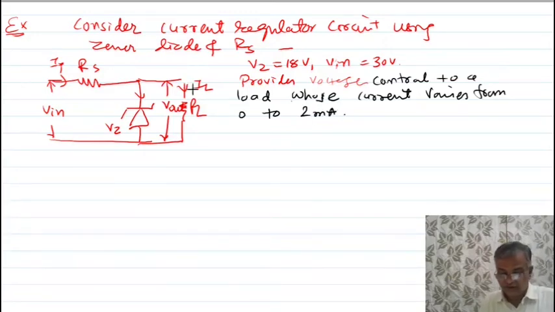So when the current is varying from 0 to 2 milliampere in the load, you want to get a constant voltage, if they want to say like this.